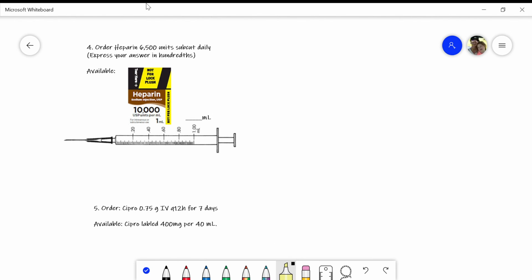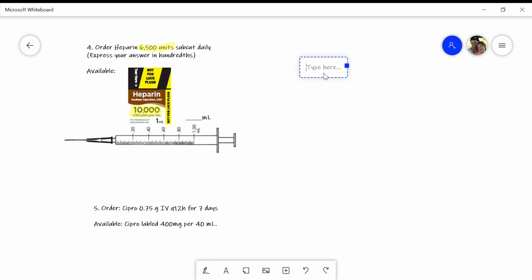And so for number 3, our order is heparin 6,500 units, and express our answer in hundredths. Our availability is 10,000 units per milliliter.